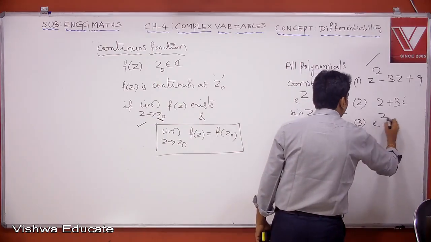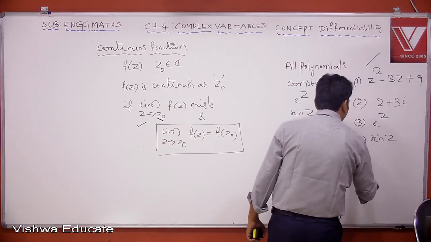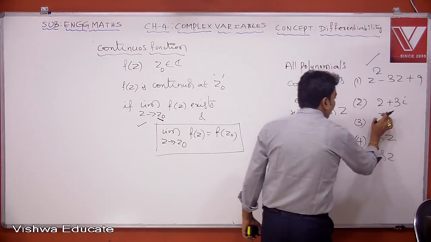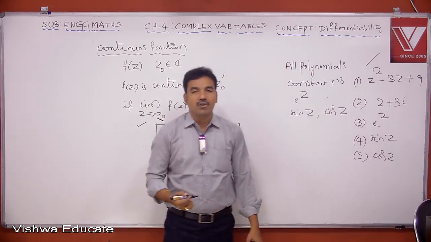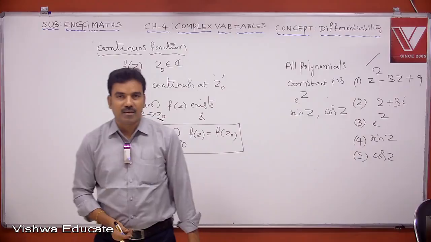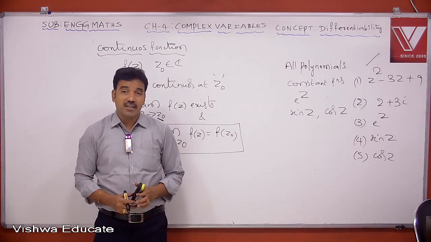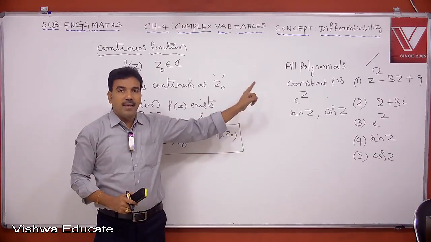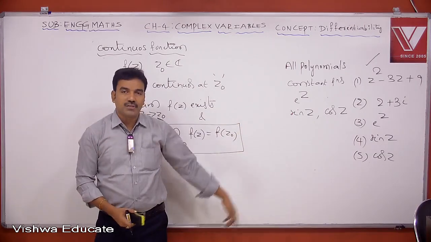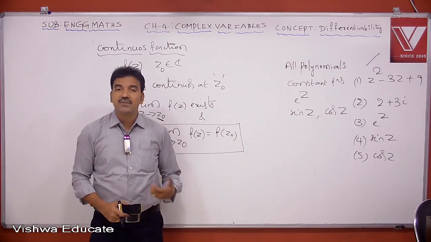Then e power z, sin z and cos z. So therefore all these functions are continuous at all points in the entire complex plane. They don't have any drawbacks in terms of derivatives and even in terms of continuity. So all polynomial expressions, constant function, exponential function, sin z, cos z, all these 5 functions are differentiable at all points, even continuous at all points.